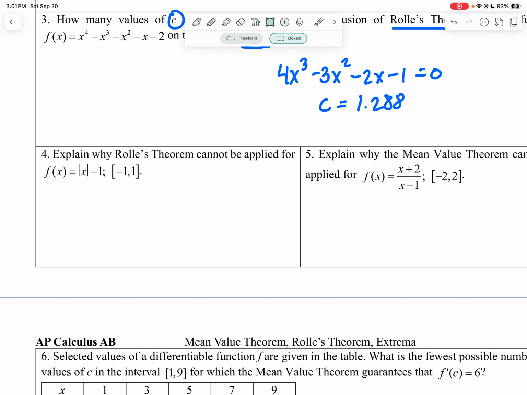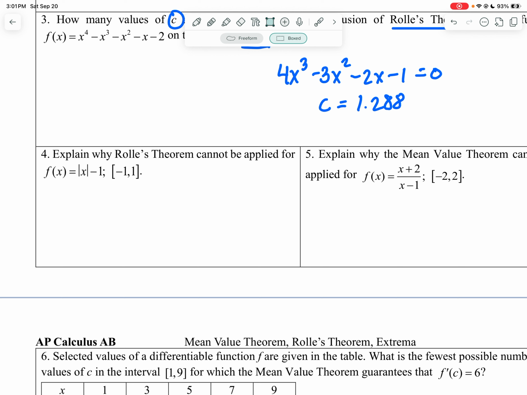Sometimes on the multiple choice, it might ask you which of the following functions the mean value theorem cannot be applied for. So looking at number 4, we have f of x is equal to the absolute value of x minus 1.